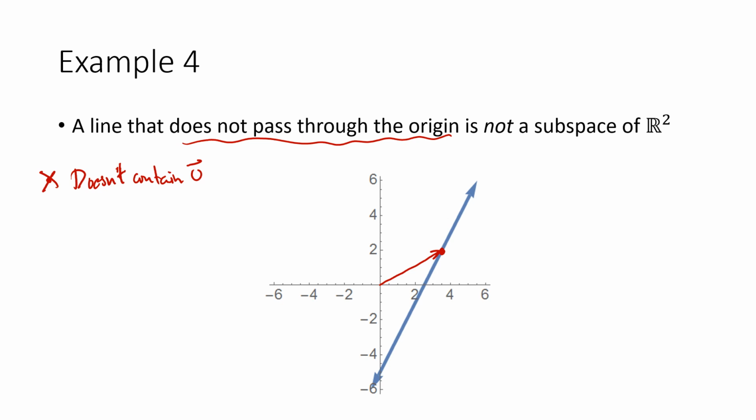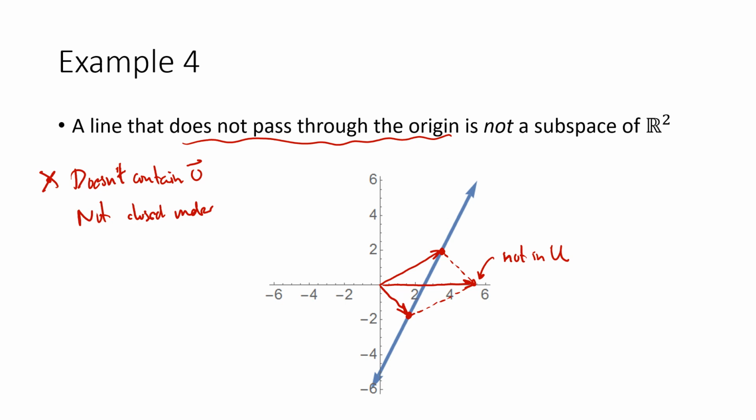But there's more that's wrong. If I picked another vector, so let's say this vector here, here we have 2 vectors that are in my subset, but if I add them together, draw my little parallelogram, I get a new vector, and this vector is not in my subset U, and so it's not closed under vector addition.